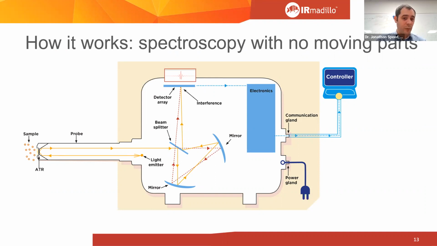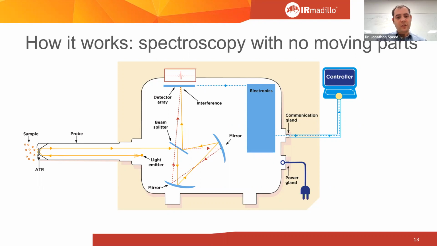That's where the actual spectroscopy happens. That light then ends up back in the body of the spectrometer, and it hits what's called a beam splitter. Half the light, the red dashed lines, goes straight through and goes round this track of mirrors and hits our detector. The other half of the light is reflected off the beam splitter, goes the other way around the track of mirrors, gets reflected again, and hits the detector.